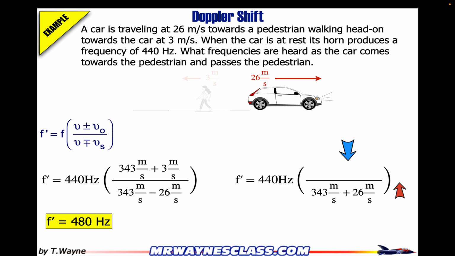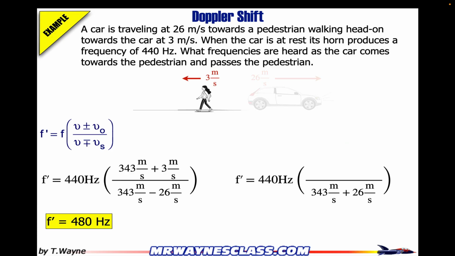In the numerator, I'm all about the observer. So I'm only going to focus on the observer in the numerator. The observer is walking away, so the observer is also increasing the distance between the source and the observer. If you're increasing the distance between the source and the observer, then the frequency has to go down. Distance goes up, frequency goes down.